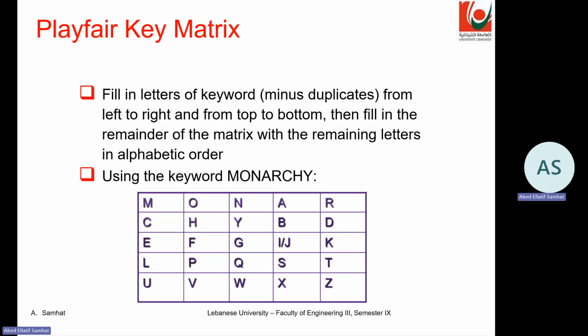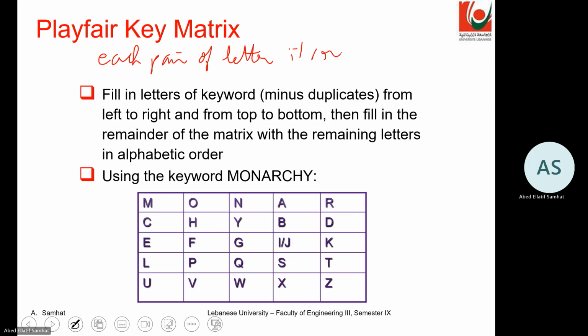So typically, each pair of letters is replaced by the letter that lies in its row and the column occupied by the other letter.